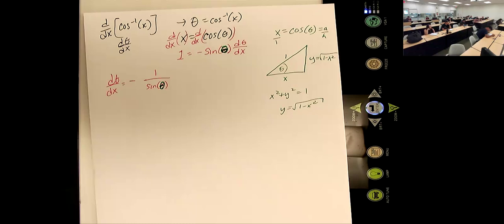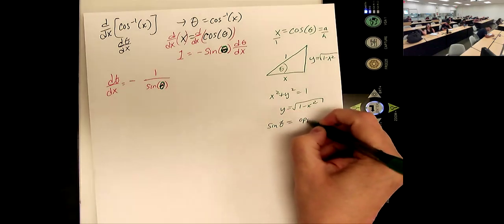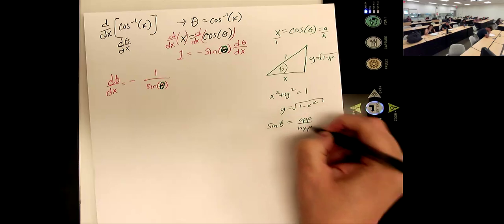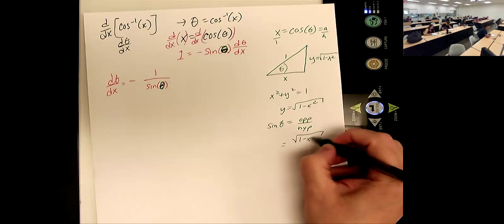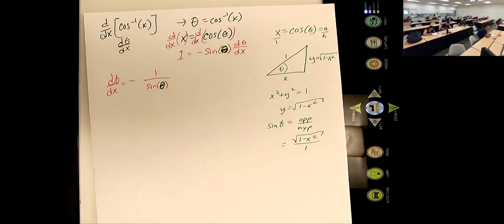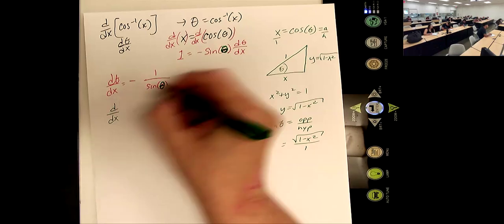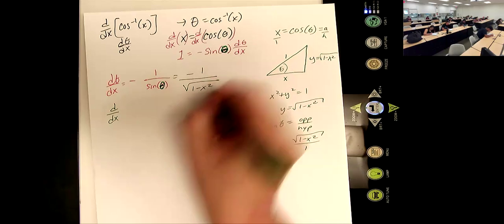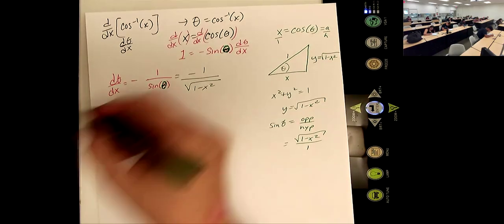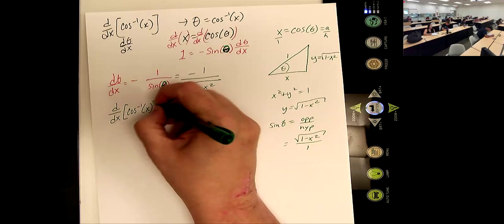So sine of theta is opposite over hypotenuse, or square root of 1 minus x squared over 1. Just like we had with cosine, it's kind of neat. And so if we put this in, this is having negative 1 over square root of 1 minus x squared. And that was d theta dx. And theta was cosine inverse.